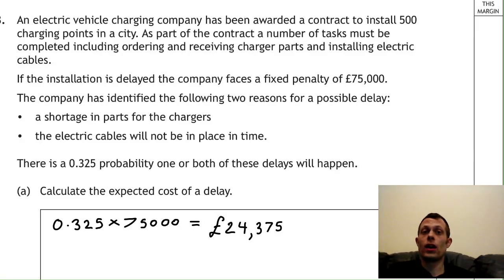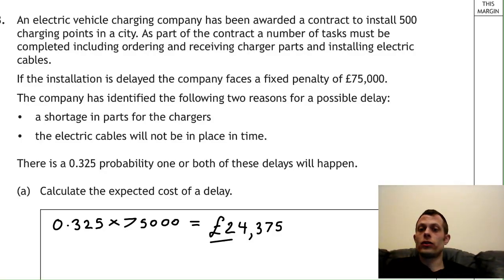Now it's possible you may have something more complicated to deal with. You may have to, for example, calculate that 0.325 probability, maybe with a probability tree diagram, although in this particular question you didn't need to.